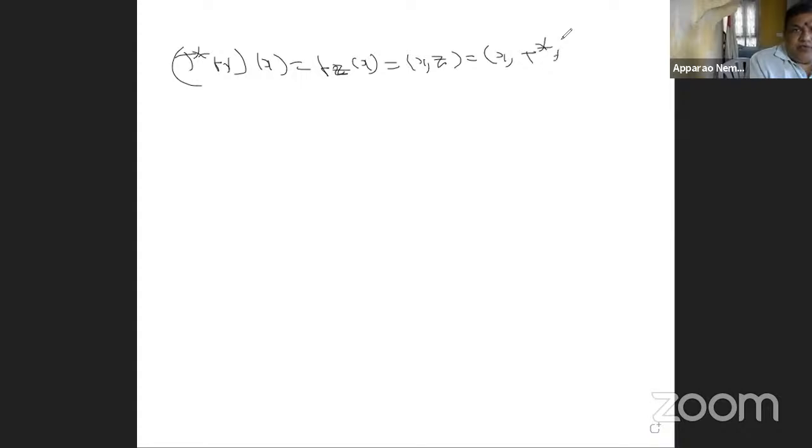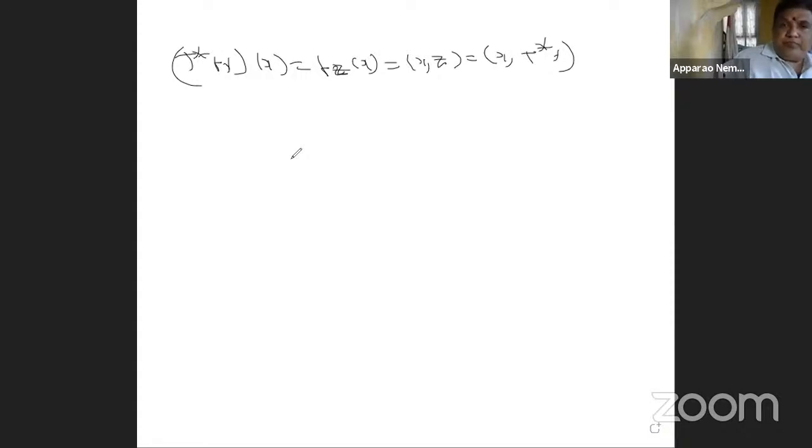T star f of y of T of x equals f of z of x, which equals x comma z, which equals x comma T star of y.